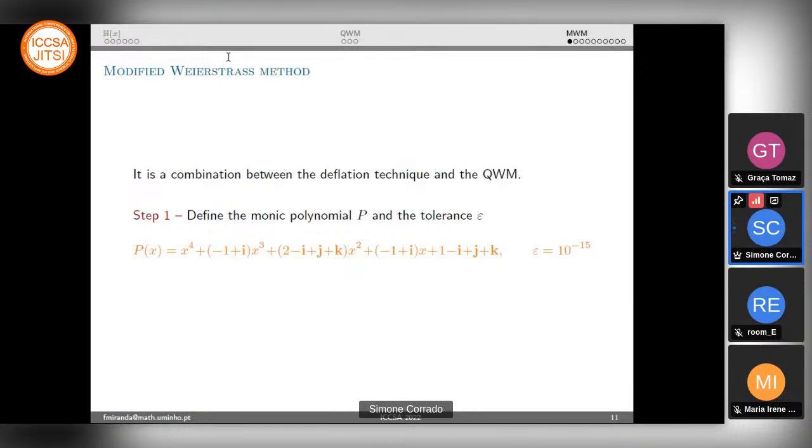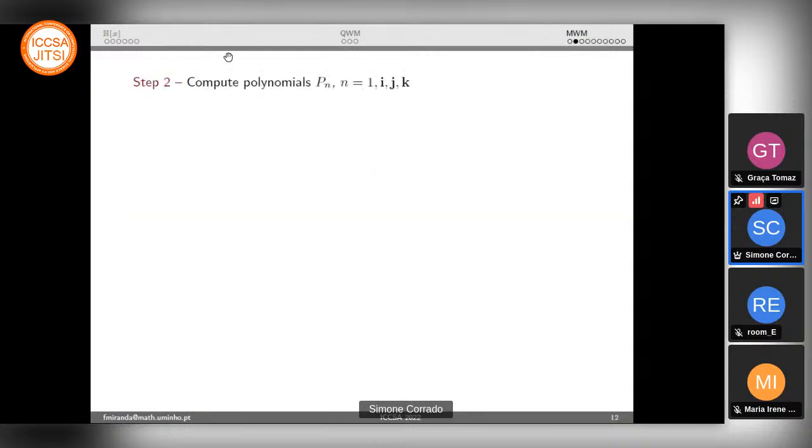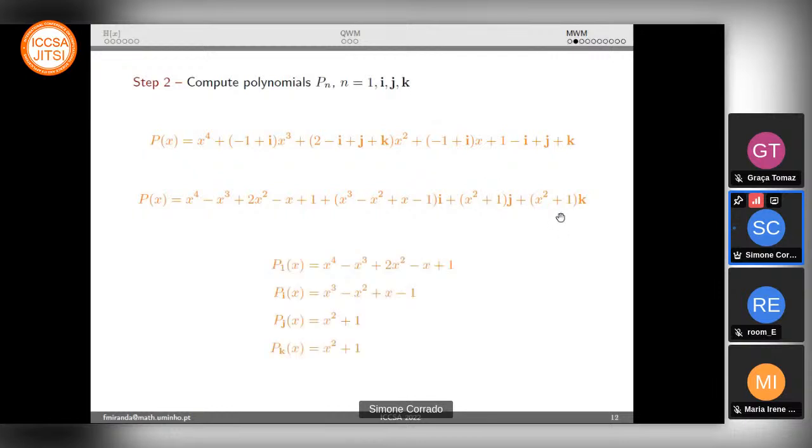So suppose that we have a 4-degree polynomial P, this polynomial P. The second step is to compute the four real polynomials P1, Pi, Pj, and Pk. So P is this polynomial. We can rewrite this polynomial this way, and then we can see that these are the polynomials P1, Pi, Pj, and Pk. Okay, so we have these polynomials.